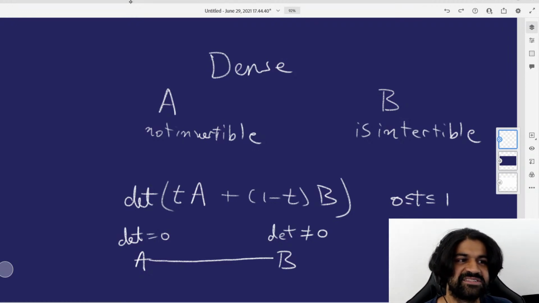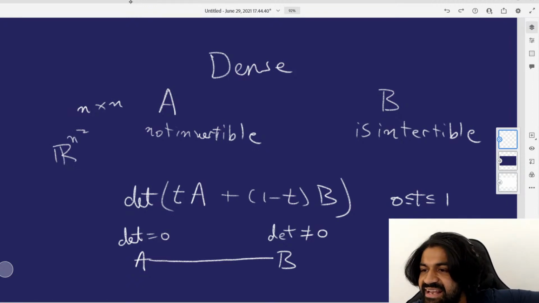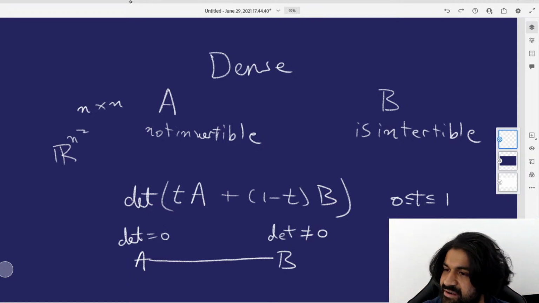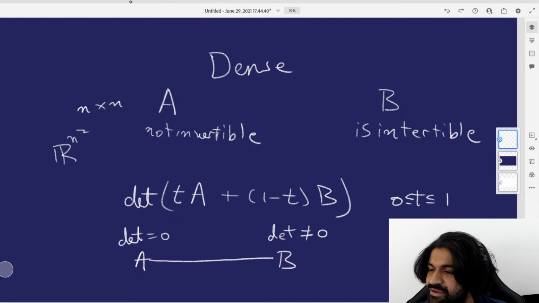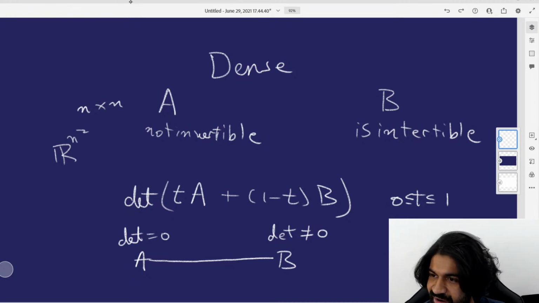No, dense in the space of matrices. If you have an n by n matrix, you can think of it as a vector in Rn squared, right? Any n by n matrix is just a list of n squared numbers. So for example, any 2 by 2 matrix is just a list of 4 numbers. You can think of it as a vector in R4, right?